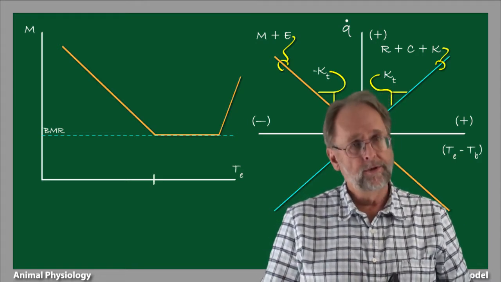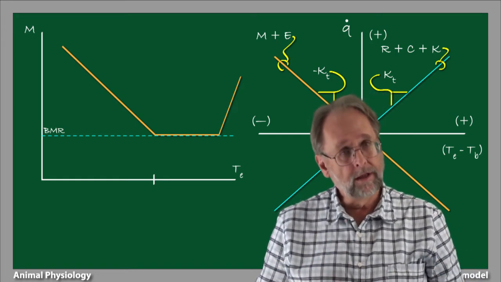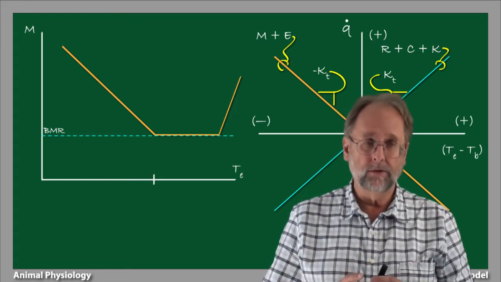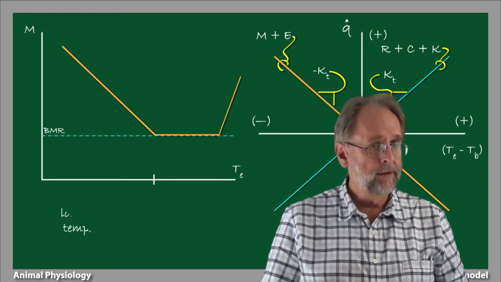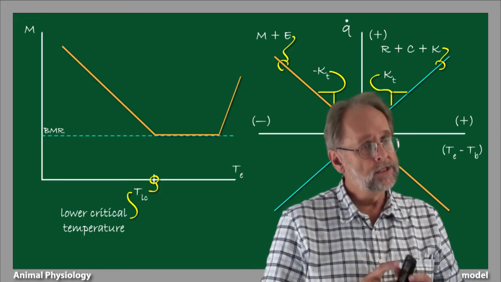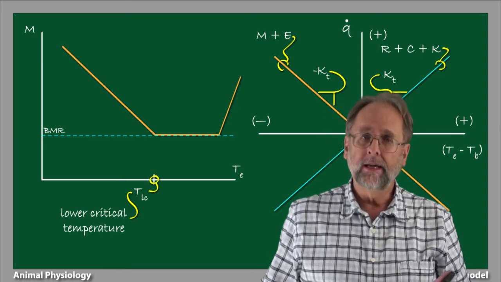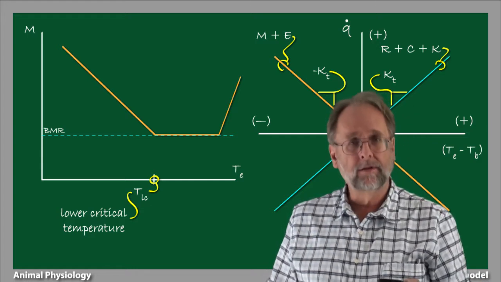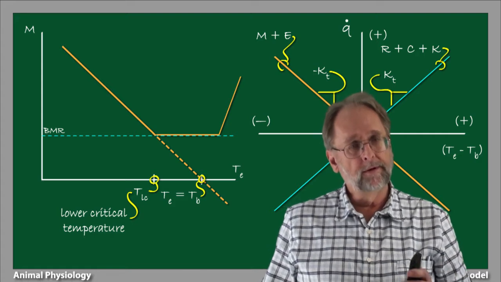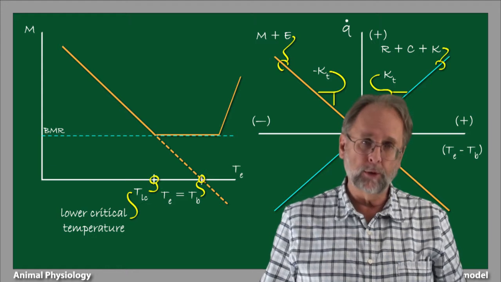The first is the temperature of the lower dogleg in the metabolism curve, where the linear decline of metabolic rate with increasing environmental temperature levels off at the basal metabolic rate. The temperature at this dogleg is known as the lower critical temperature, or T sub LC. From the lower critical temperature, even though metabolism stays level at the basal metabolic rate, the curve extrapolates to a point on the x-axis where the environmental temperature equals the body temperature.